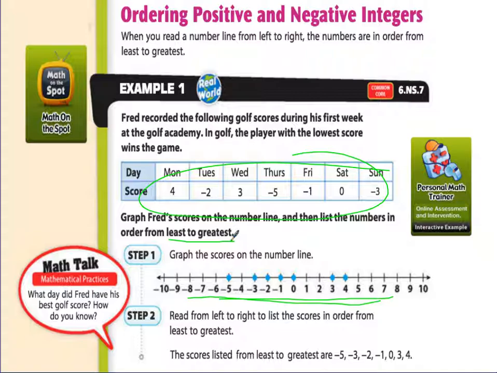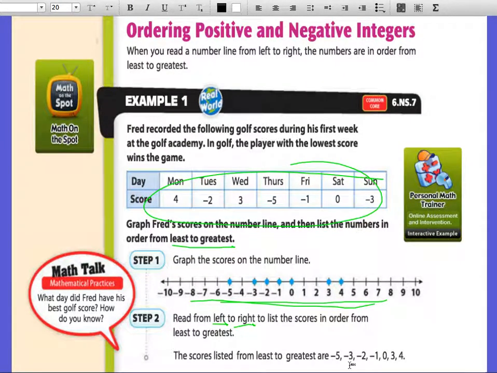To do that, I'm going to look at the number line and work my way from left to right. The first number I'm going to list would be -5, and then my next number would be -3. And then -2, -1, 0, 3, and 4.